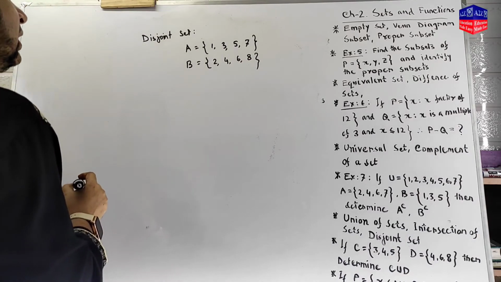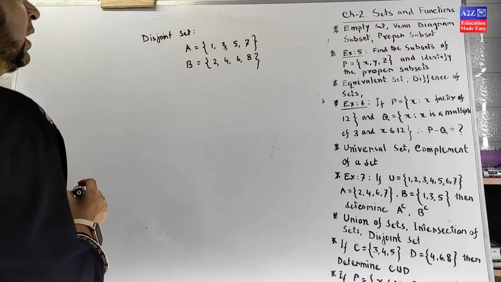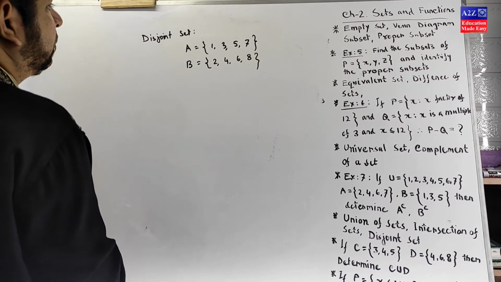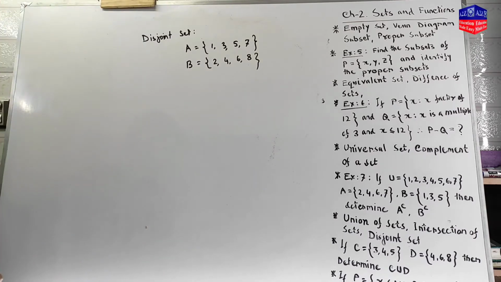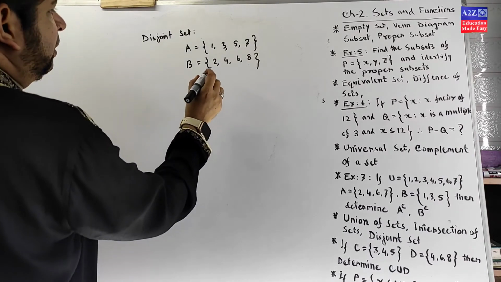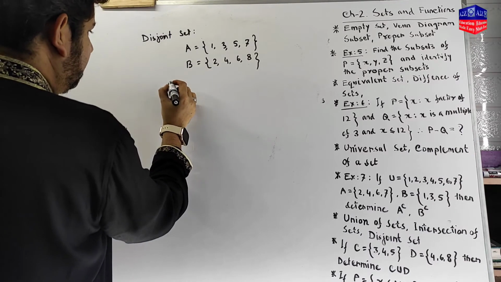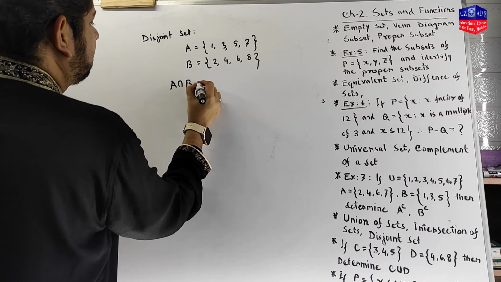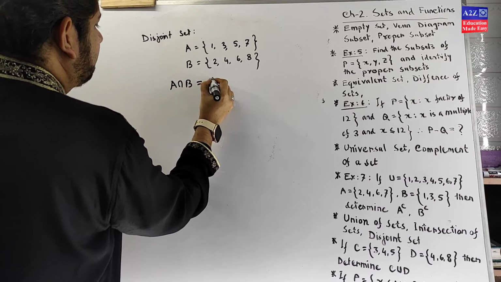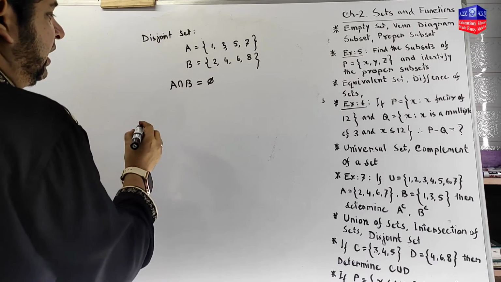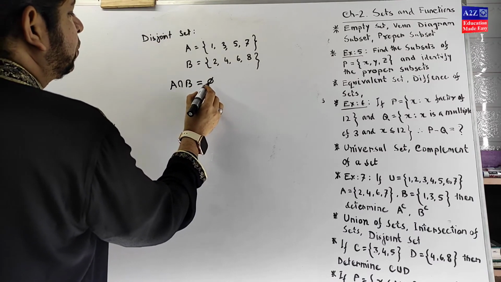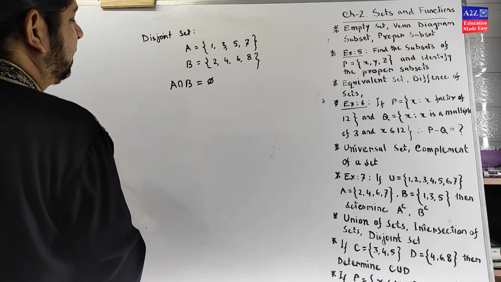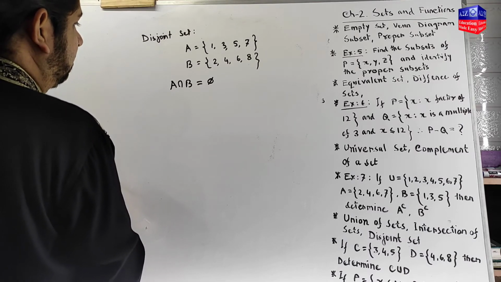You see there are no common elements to both sets A and B, therefore A and B are disjoint to each other. A intersection B equals empty. If A intersection B equals empty, then both sets A and B are said to be mutually disjoint or disjoint to each other.